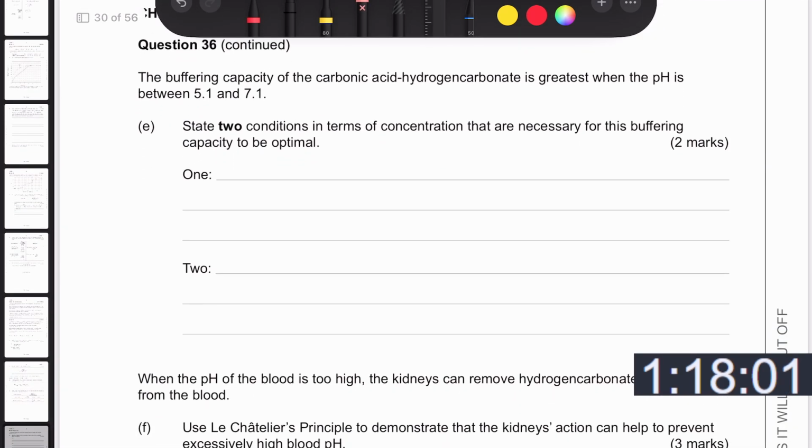The buffering capacity of carbonic acid is greatest when the pH is between 5 and 7. State 2 conditions in terms of concentration that are necessary for this buffering capacity to be optimal.